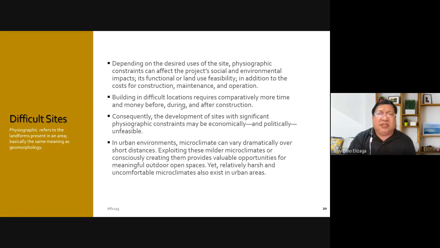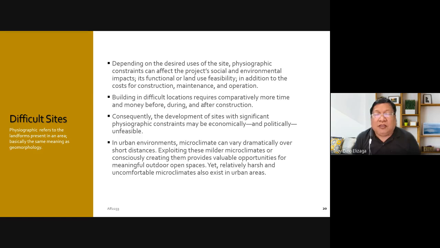So what are difficult sites? These are sites which are very steep, maybe very muddy, full of rocks. Anything that can prove to be very difficult when it comes to fulfilling our objectives for that site. Therefore, we try to avoid difficult sites.